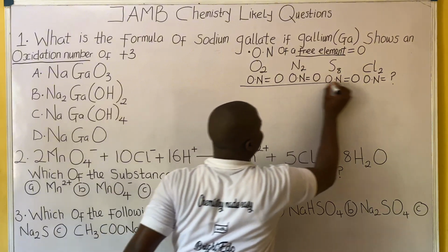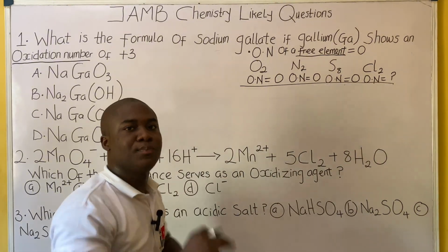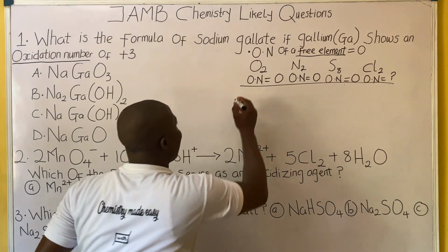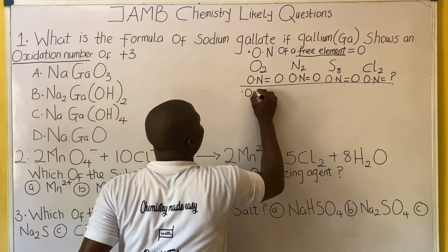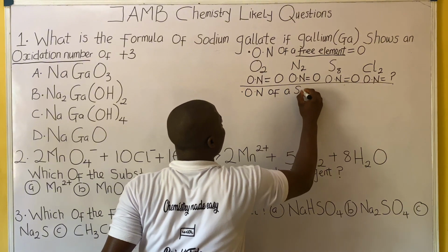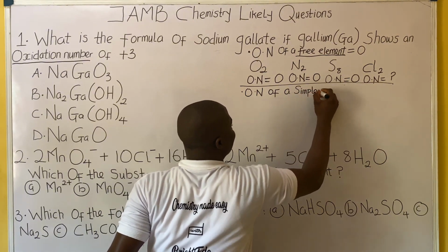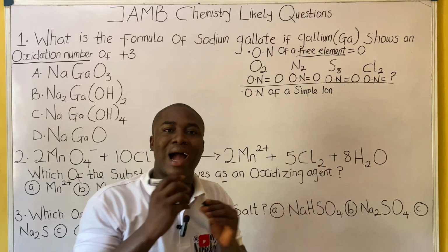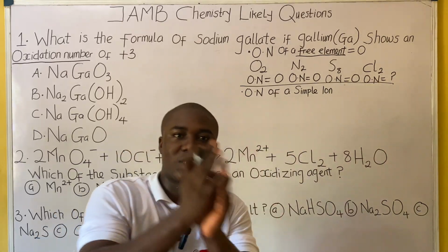So let's get into another point on this oxidation number. So let's progress. Now this must be noted as well. The oxidation number (ON) of a simple ion, I'm going to explain what I mean by this. Whenever you hear the word ion, an ion is simply a charged atom.